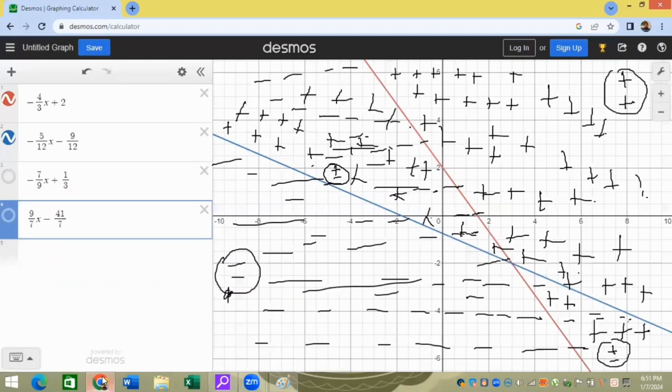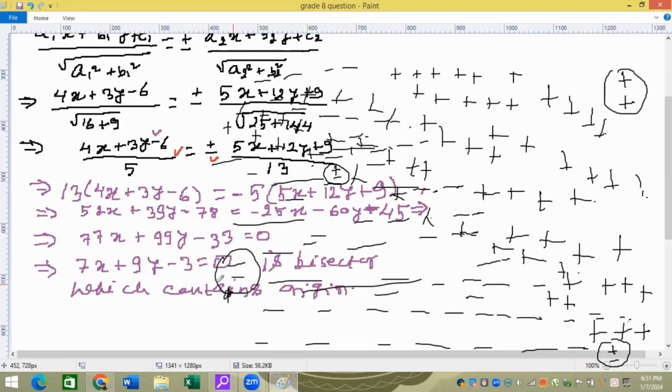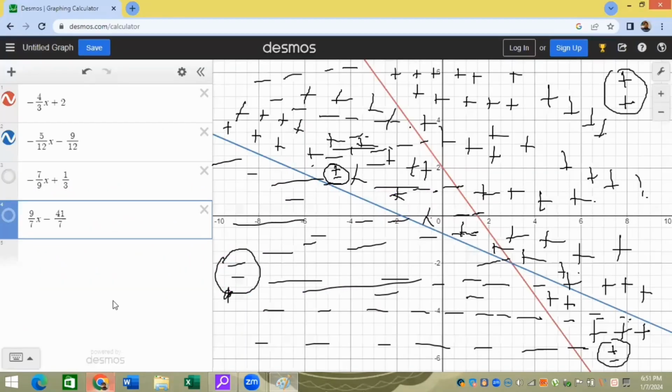So let's check back to the Desmos graph over here. Look at this equation, if you convert it into y equals mx plus c, for example, y equals minus 7 by 9 x plus 3 by 9, that means 1 by 3, and then you plot it in the graph here. Yes, you can see this bisector line of the angle between those two lines actually passes through the region of positive and negative, and that contains the origin.